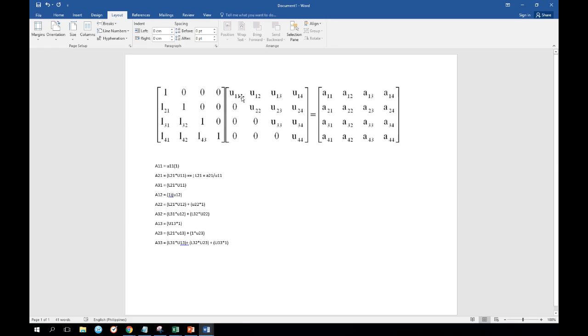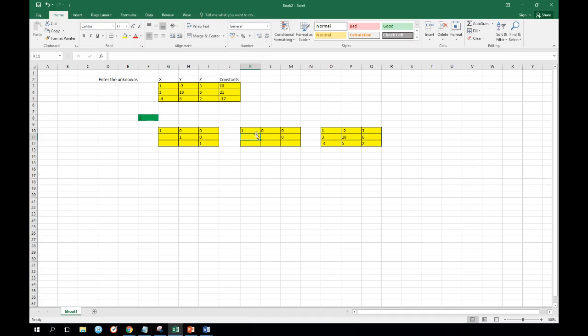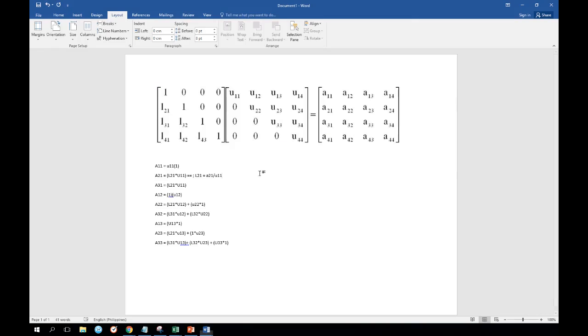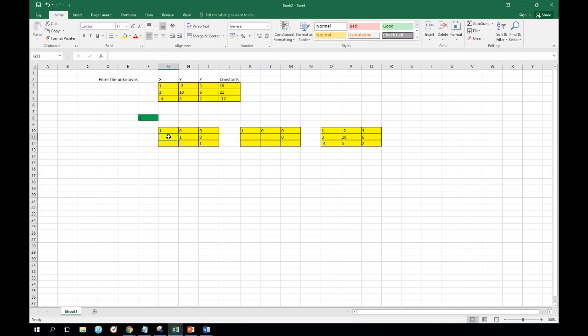So this is A21, then we have to divide by U11, which is A11. This formula is L21, so it should be placed here. So let's divide this by this one.